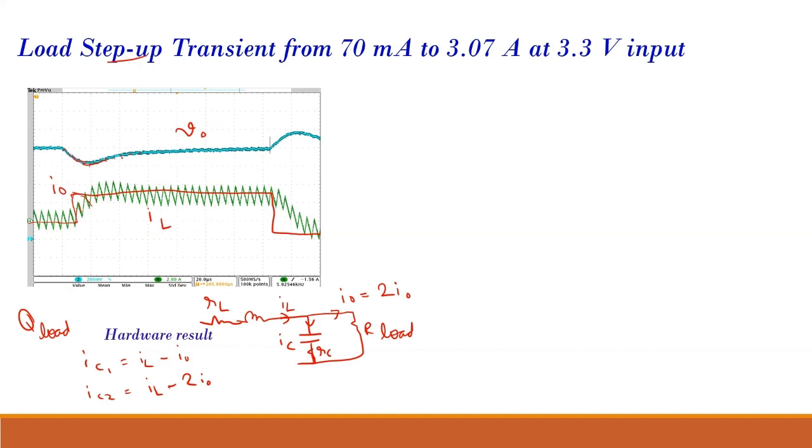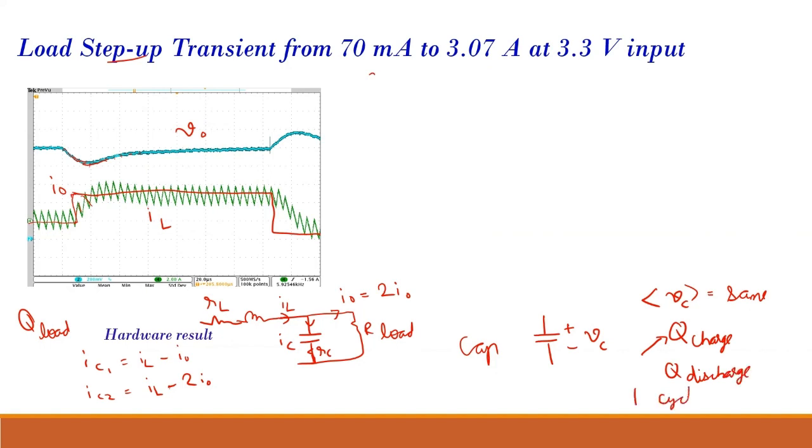It will be there because see, this is your capacitor. It is maintaining some voltage VC. The average value of VC will remain the same if the amount of charge Q charge and Q discharge are the same in one cycle.